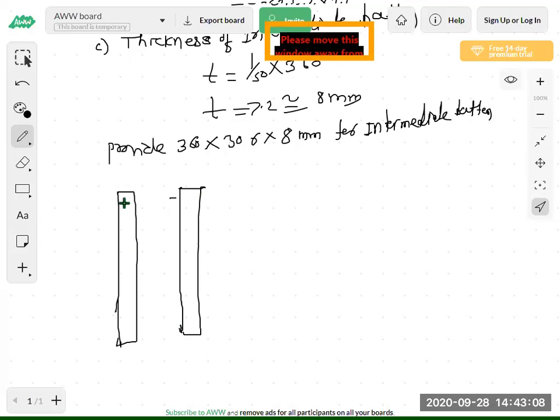Okay, now here, the sketch we will draw at the last, because the number of bolts is not known to us yet.